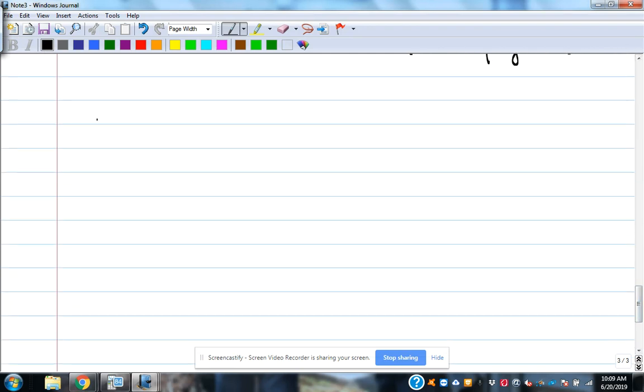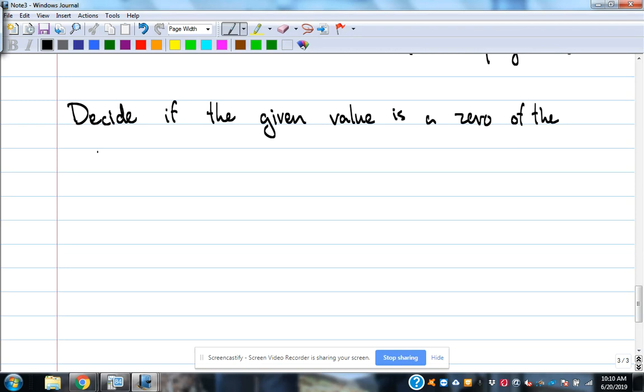So let's take an example. So we're going to decide if the given value is a 0 of the polynomial, and when I say 0, that's the same thing as an x-intercept and a factor.